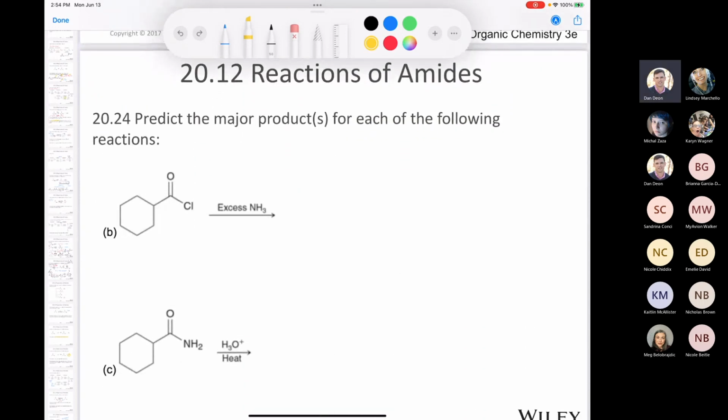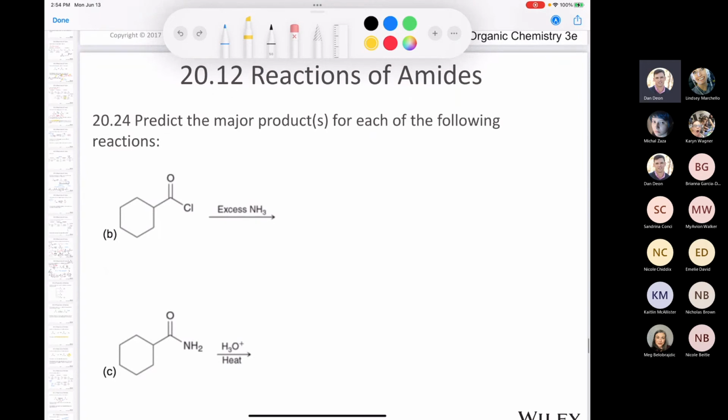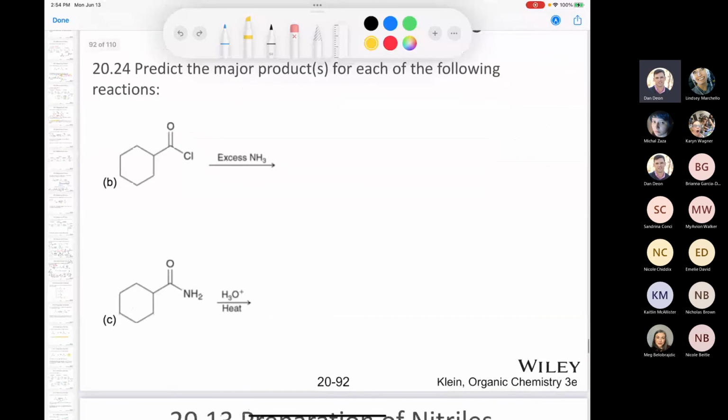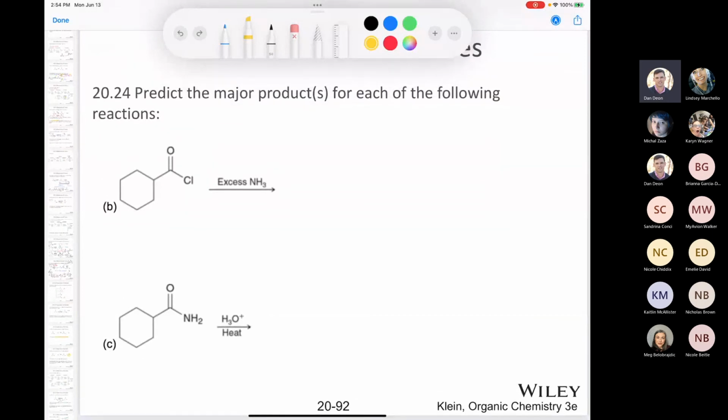Predict the major product for each of these reactions. The first one, this is something we saw at the beginning of the class today, acid chloride with excess ammonia. What are we going to produce? We're going to produce a primary amide. So we're going to end up forming the primary amide, which looks like this, NH2.